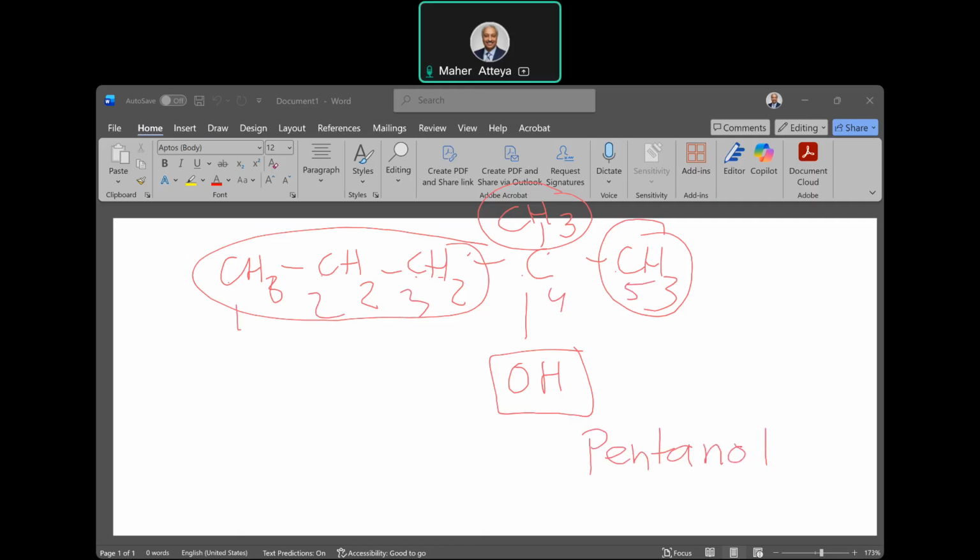And where is the OH? Number 2. Always the numbering has to yield the lowest number. The numbering will be from right to left.